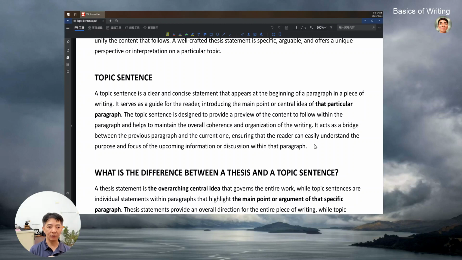Okay, and what is similar is the topic sentence. A topic sentence is a clear and concise statement that appears at the beginning of the paragraph in a piece of writing. So you can see here it says it appears at the beginning of the paragraph. And it serves as a guide for the reader, introducing the main point or central idea of that particular paragraph.